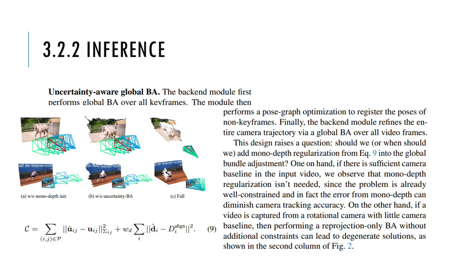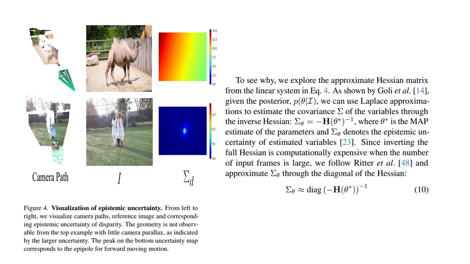In figure 2, if a video is captured from a rotational camera with little camera baseline, then performing a reprojection-only BA without additional constraints can lead to degenerate solutions. You can see in the figure that the third one, the full method, gives good results compared to both without uncertainty and without mono depth initialization.